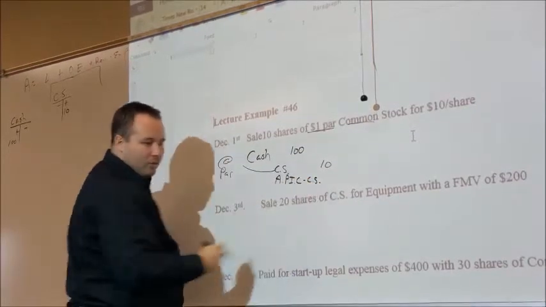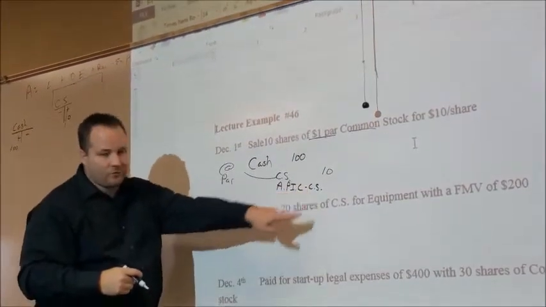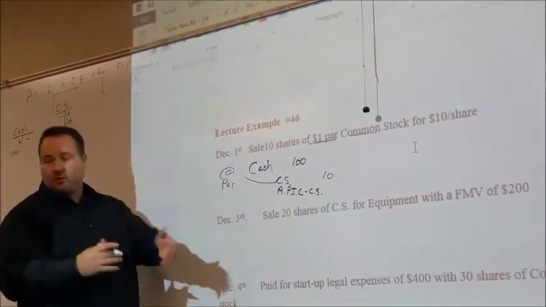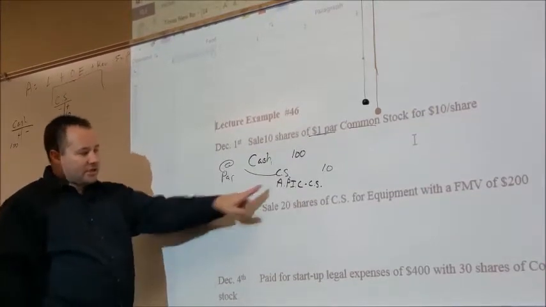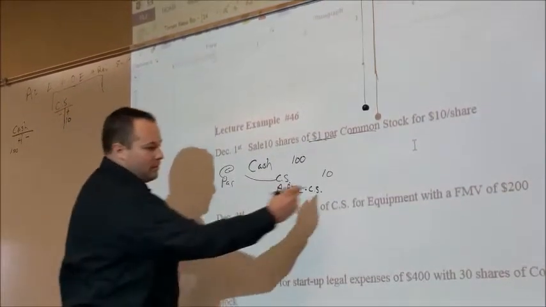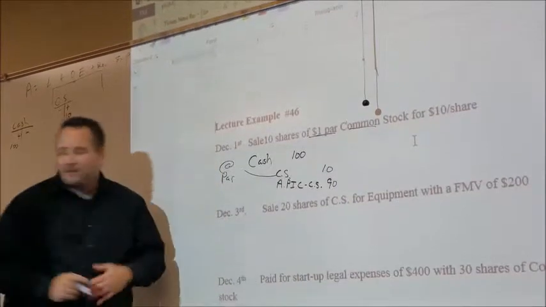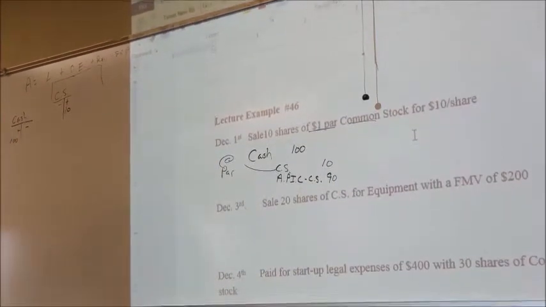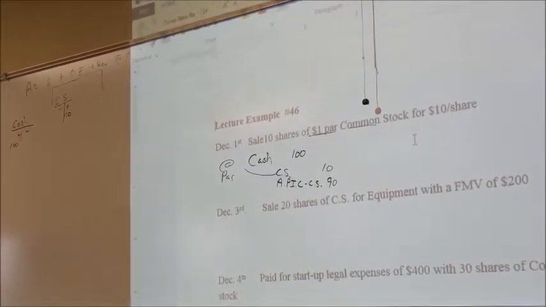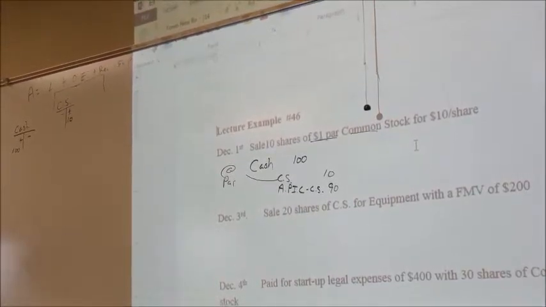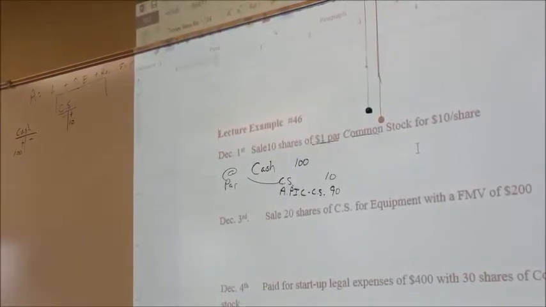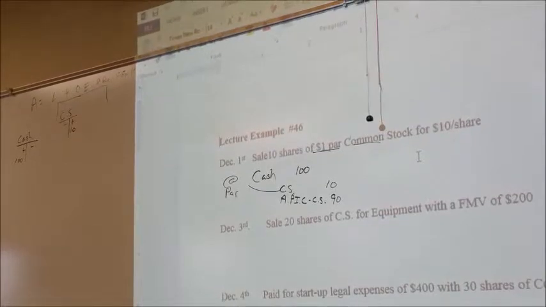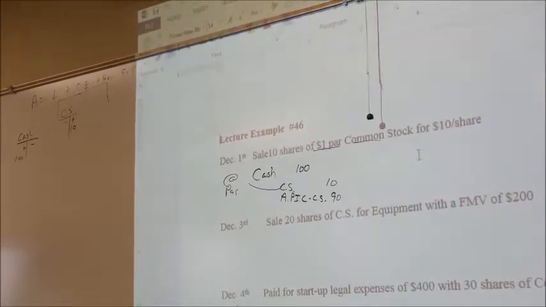Kind of like with accumulated depreciation, you put what it's for after it, like equipment or vehicle. Additional paid in capital, common stock. Again, that's additional paid in capital. APIC is usually what you'll see it abbreviated as.